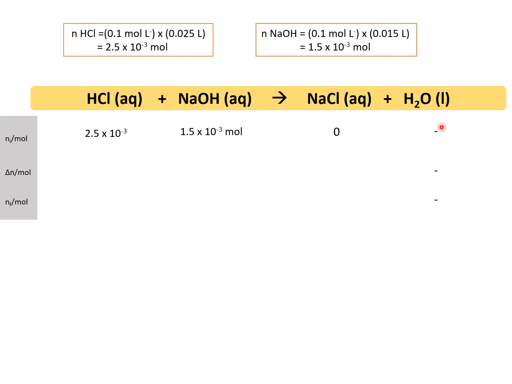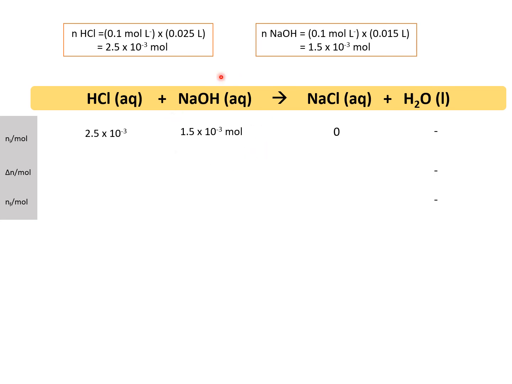Okay, now, change. So, sekarang, macam mana kita nak tahu berapa change yang akan berlaku? So, compare the two number of mole here. Siapa yang ada number of mole yang lagi kecil? The one that has smaller number of mole, okay, that one yang akan habis dulu. It will be consumed first. So, if you look here, the number of mole of sodium hydroxide is smaller.